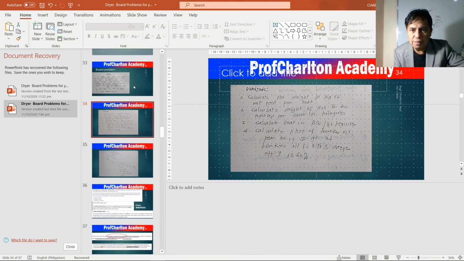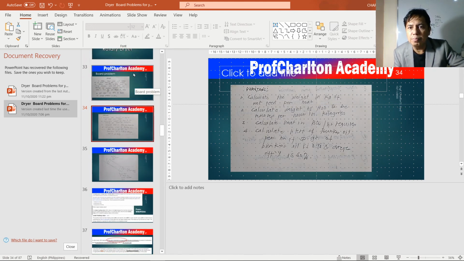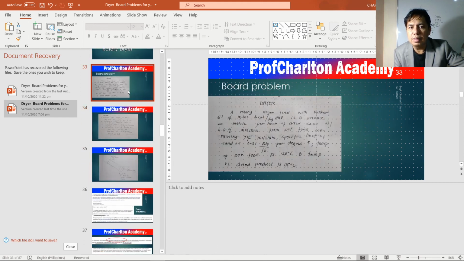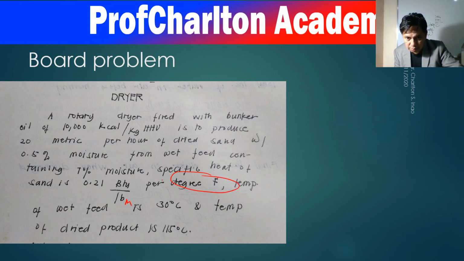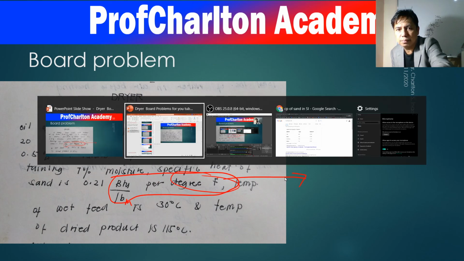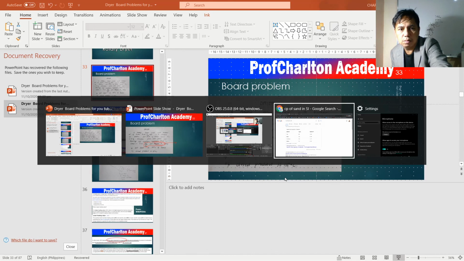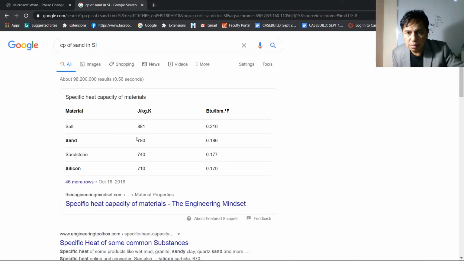I think we have a given 0.21 BTU per pound mass degree Fahrenheit. Oh yeah, this one, pound mass. Yeah, so BTU, look at this. BTU per pound mass degree Fahrenheit. This one here, BTU per pound mass degree Fahrenheit is equal to 780, I guess. Let me check. Yeah, at this one. Oh, that is salt. My God, what is happening here?